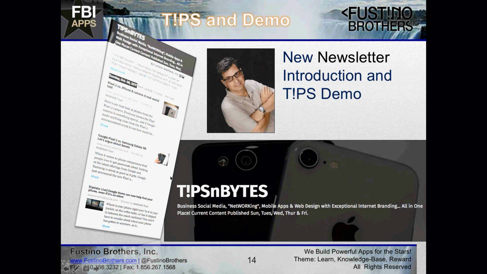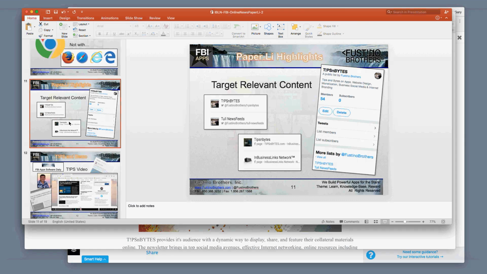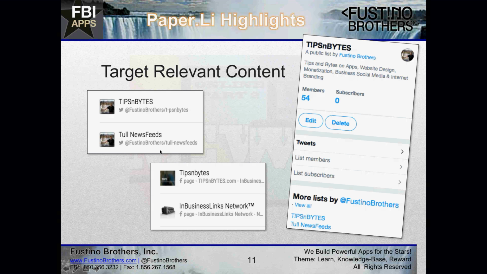Let me just go back a slide or two here. I just wanted to show you here, for example, if I bring that back up, you could pick the particular feed that you want.